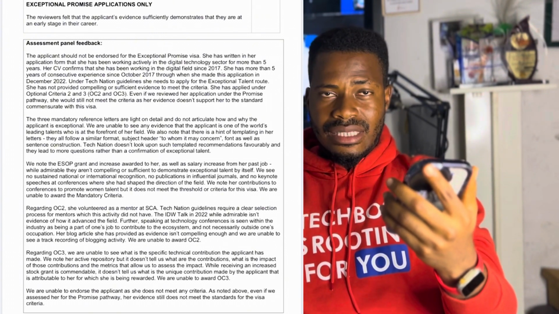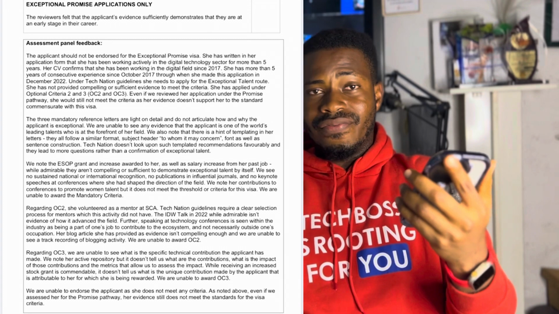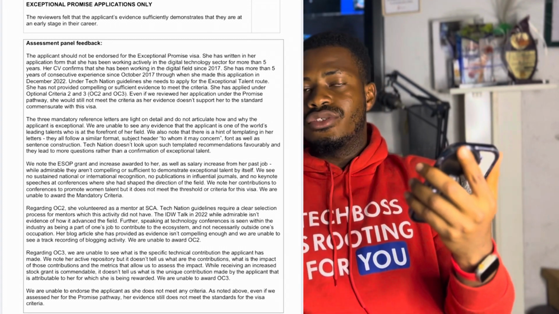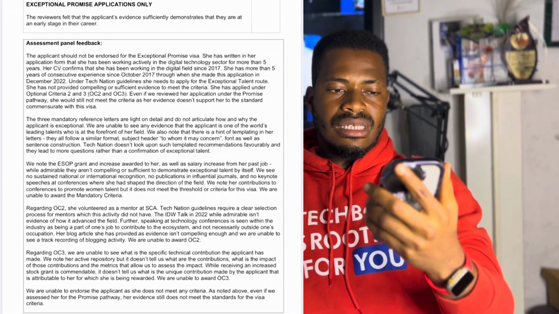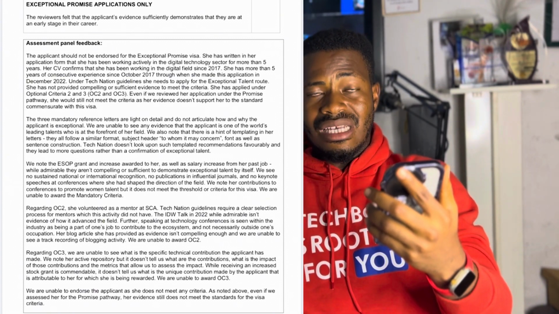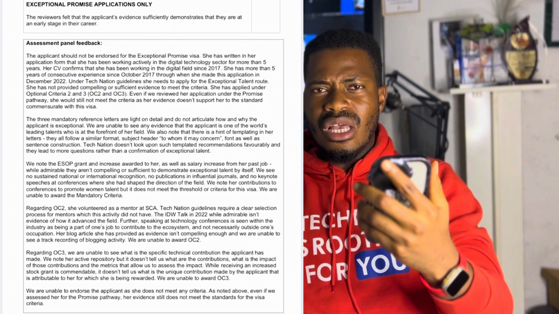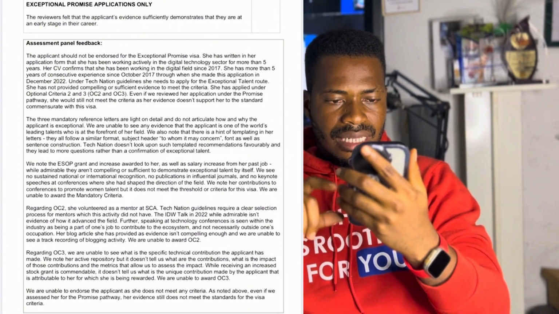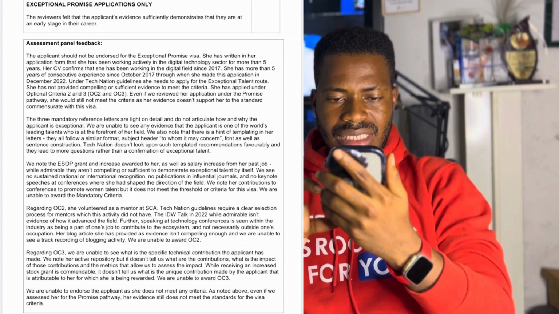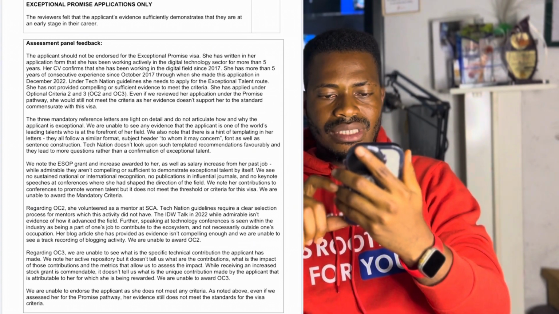It's very clear that if you have less than 5 years of experience, you should go for exceptional promise. But if you have more than 5 years, you should go for exceptional talent. But she had more than 5 years and she applied for exceptional promise, which was a no-no, right? They said her CV confirms that she has been working in the digital field since 2017.